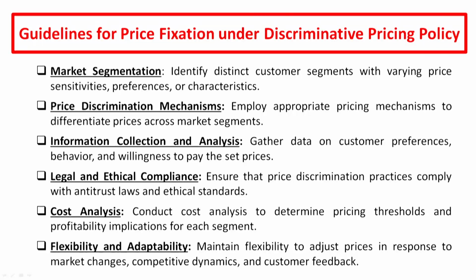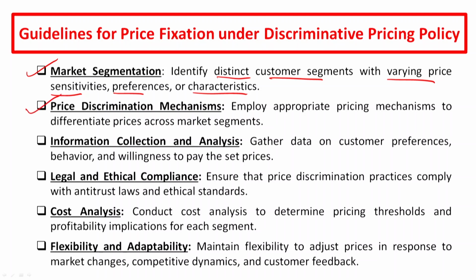Now, the guidelines for price fixation under discriminative pricing policy. The first important guideline is that market segmentation shall be there. Identify distinct customer segments with varying price sensitivity, preference or characteristics, which means the market should be segmented based on different demographic structures.